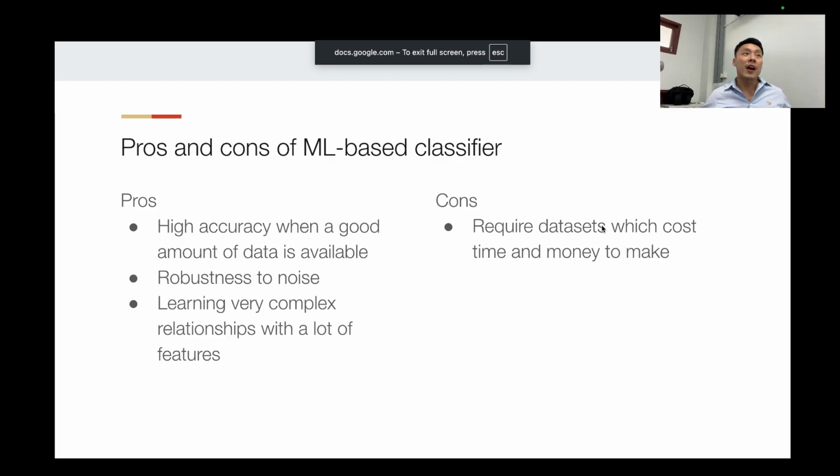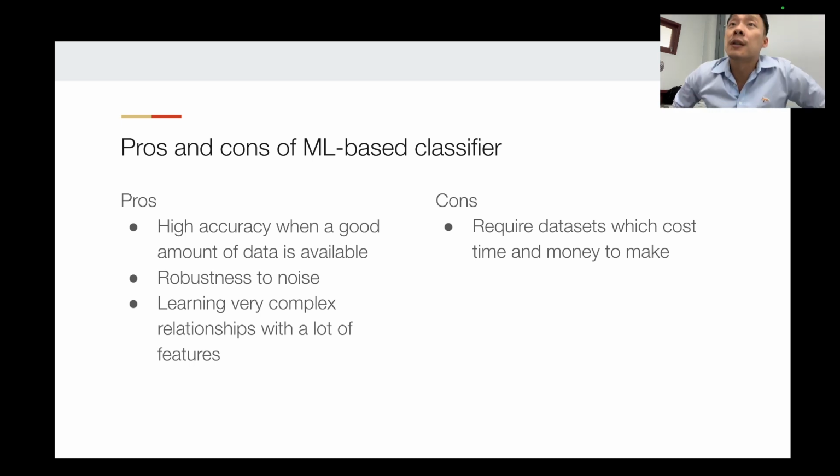Again, the best classifier we have so far has high accuracy when we have a good amount of data. It's very good with noise, actually, because it would know which word or which pattern in the word is a good feature. Even for naive Bayes, you will find some patterns you haven't seen before, words that you did not think indicate positive or negative labels.